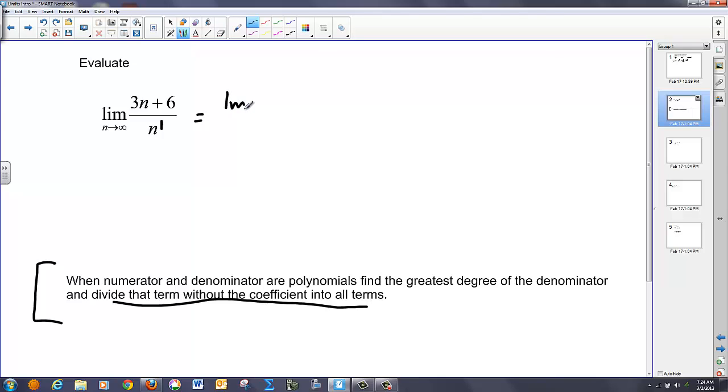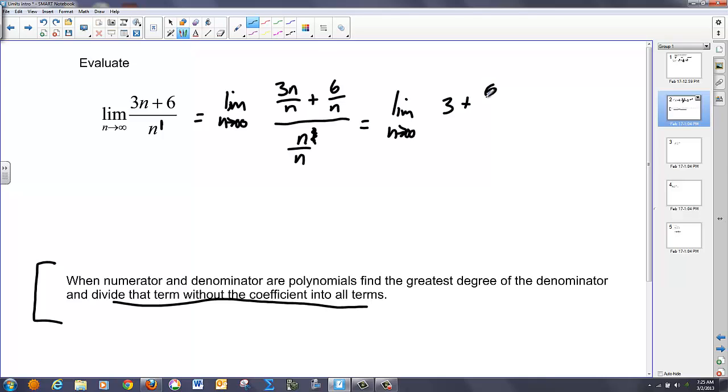So I have the limit as n goes to infinity of 3n divided by n plus 6 divided by n over n divided by n. I'm going to take and reduce this, which gives me the limit as n goes to infinity of 3 plus 6 over n over 1.